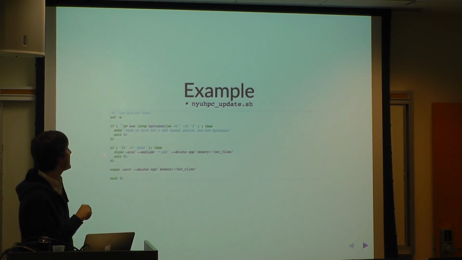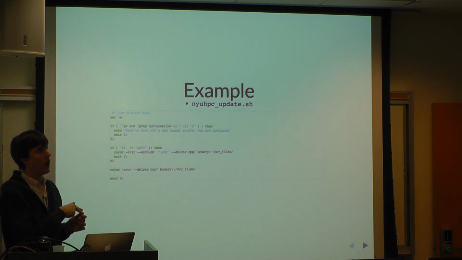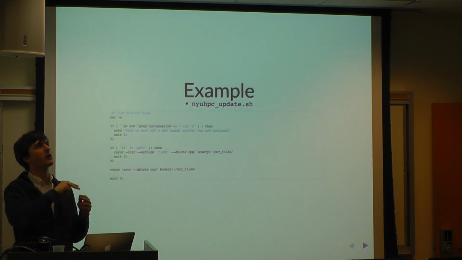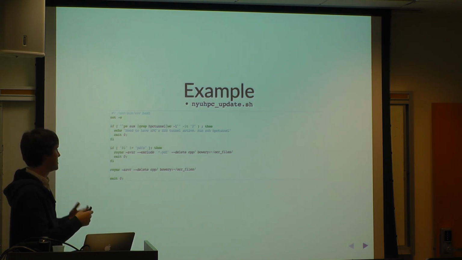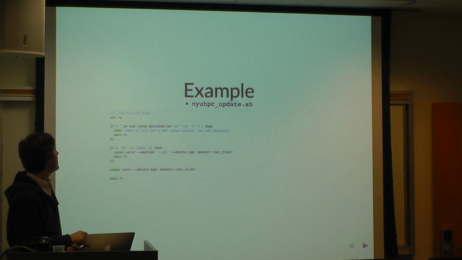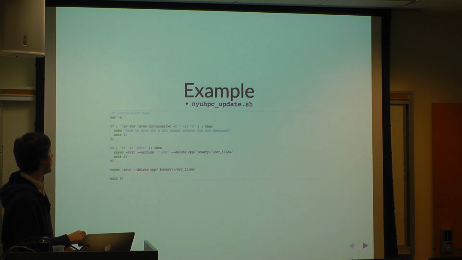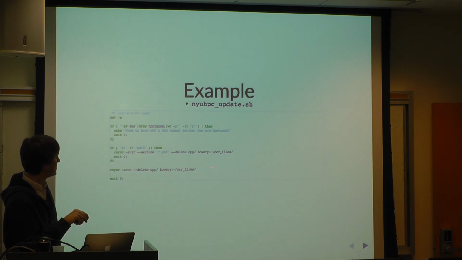The nice thing about rsync is it will only update, so it won't send everything in that folder. It'll only update the things that aren't there or have been changed. And then if I do have PDFs in the command line argument, then I just run the full command, which includes updating the PDFs and sending those as well.